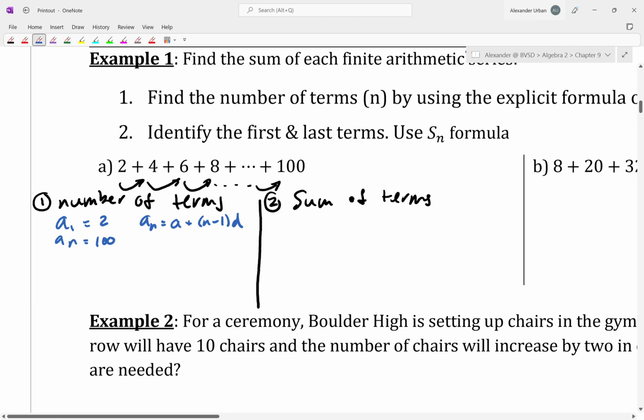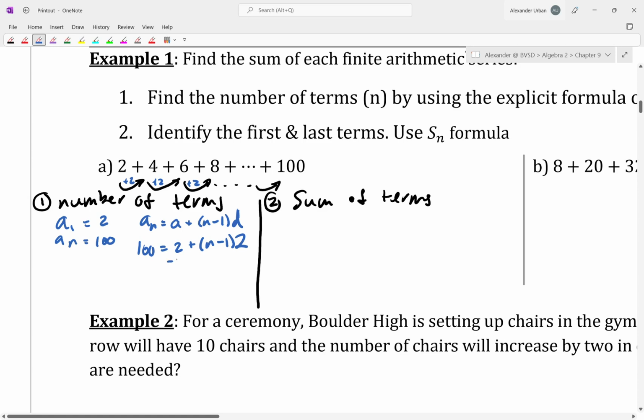Now if you remember, this is the explicit formula for an arithmetic sequence, and this will give me my last term. My last term is 100. My first term is 2 plus the number of terms, which I don't know, times the common difference, which we can just spot from up here. It's 2, 2, 2. So this is an arithmetic series.